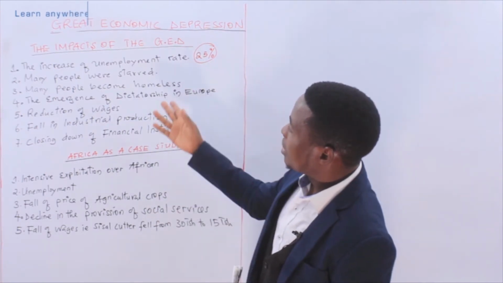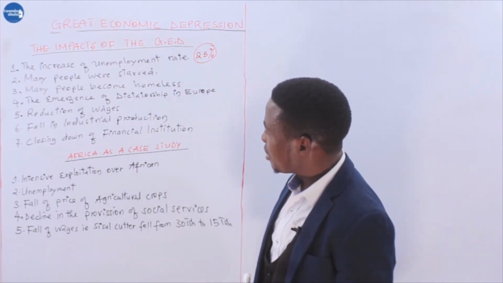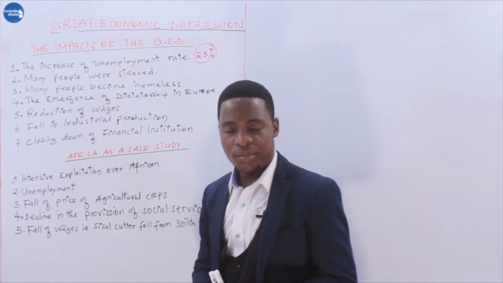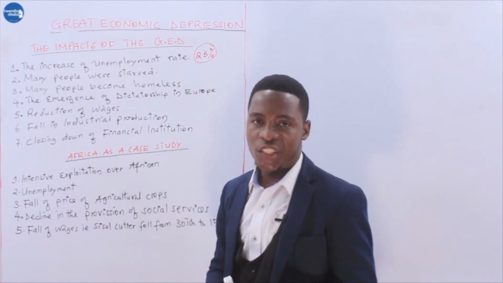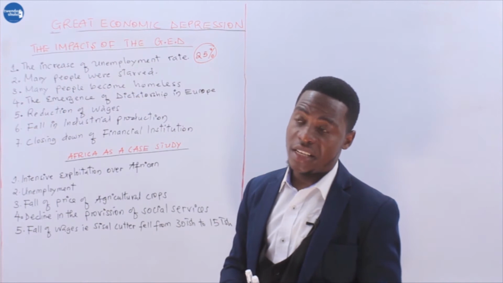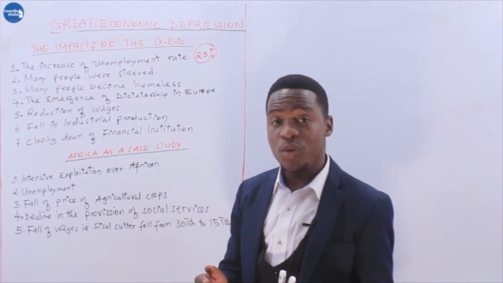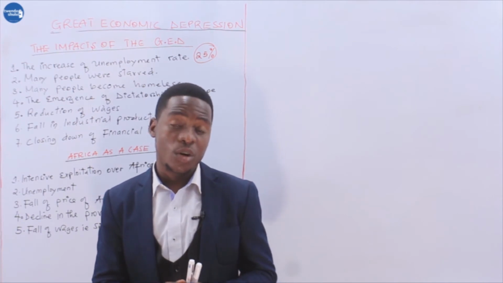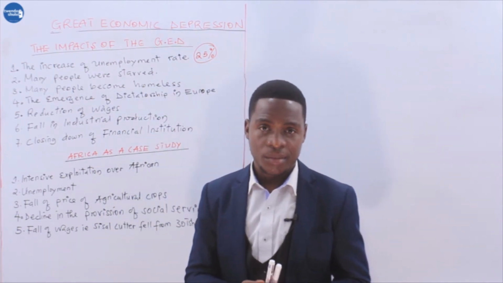Another impact of the Great Economic Depression was that many people starved. Remember, for instance, in the USA during 1932-1933, besides the Great Economic Depression, there also occurred a drought.